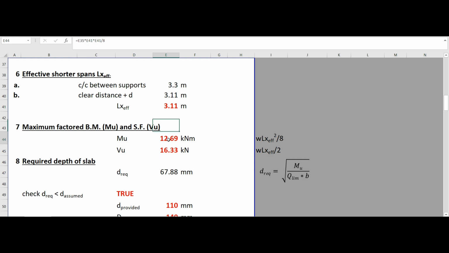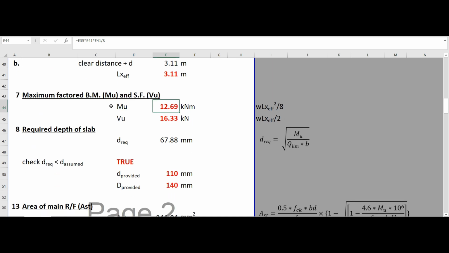Please note here that the maximum bending moment and shear force will be calculated by taking into account the effective shorter span, because we are providing the main reinforcement parallel to the shorter span. So we get the maximum bending moment and shear force as 12.69 kNm and 16.33 kN respectively.